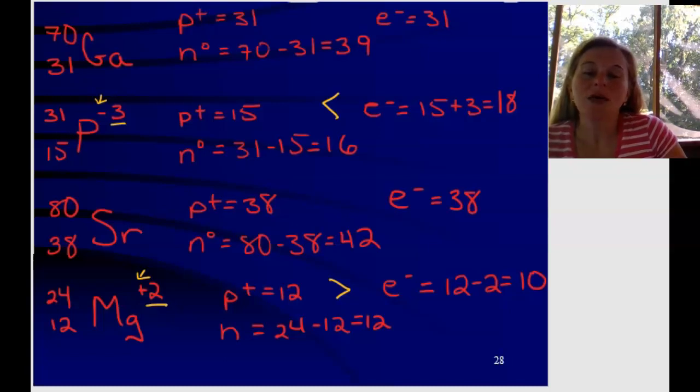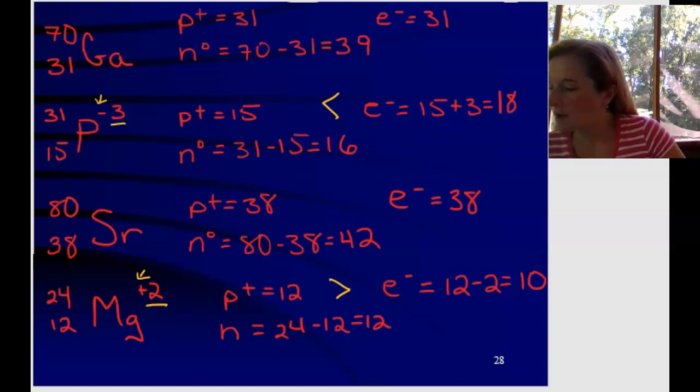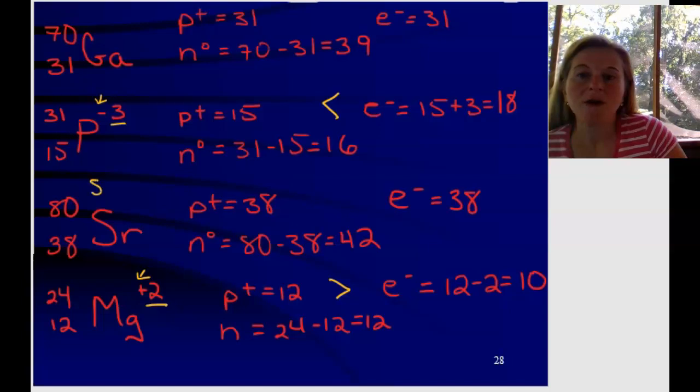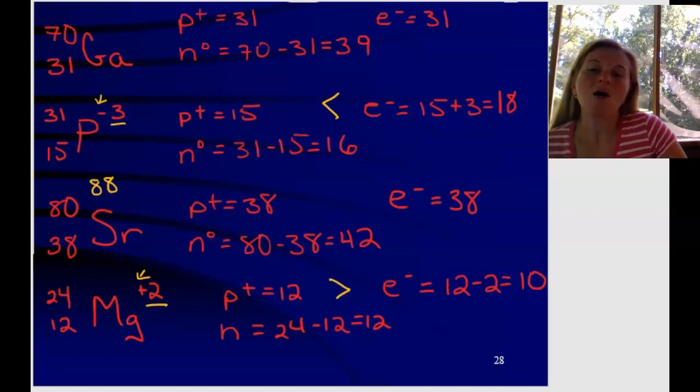Also notice that some of these atoms that we're talking about here have a different mass than you would find on the periodic table. So for example, strontium on the periodic table has a mass of 88. And this mass that you were given isn't incorrect. It's just an isotope.